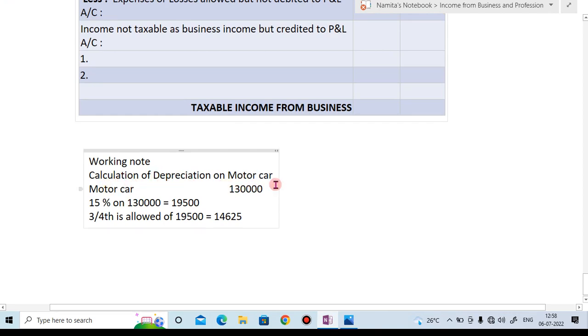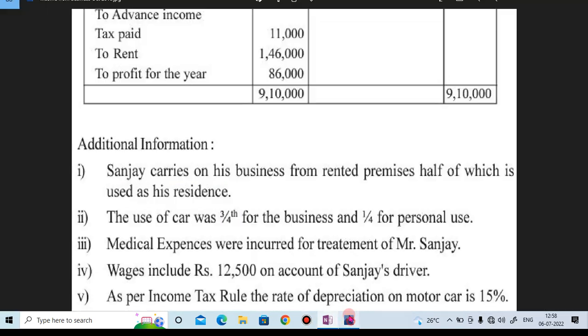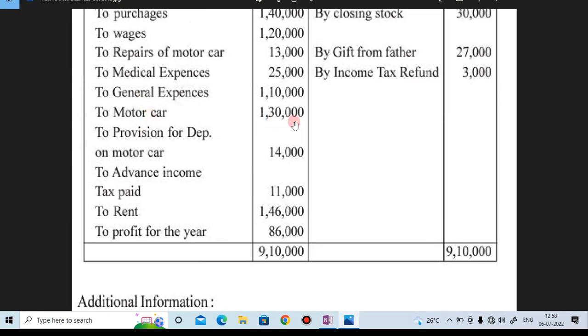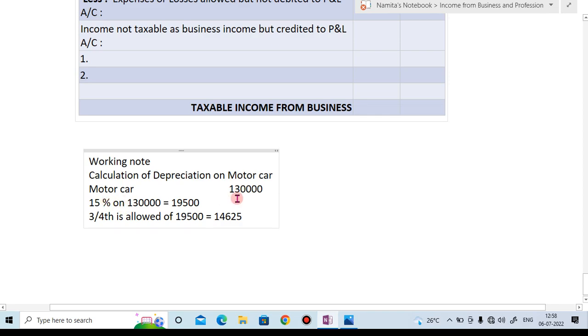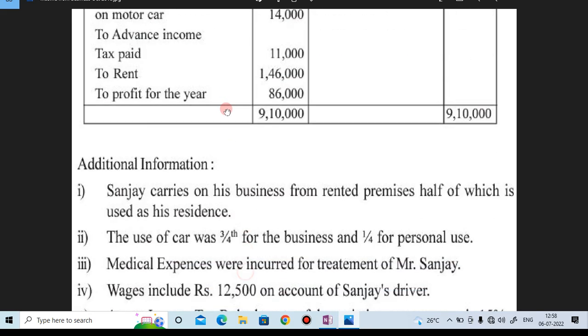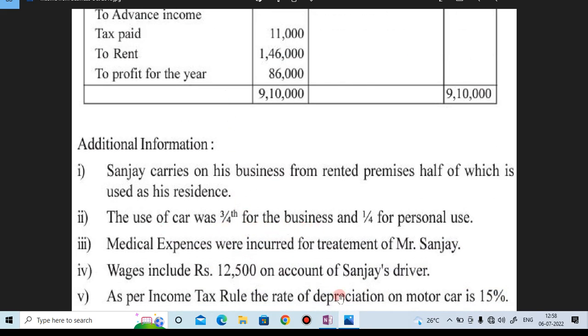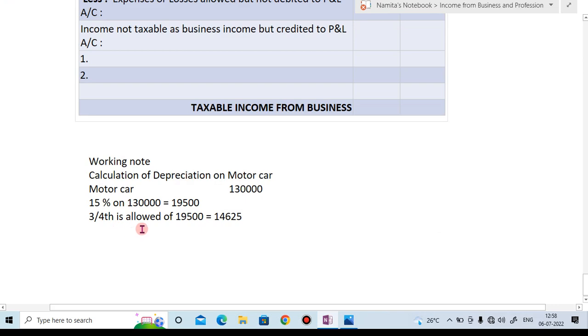Calculation of depreciation on motor car. The amount of motor car is 1,30,000. On this 1,30,000 we have to calculate 15% depreciation. So 15% on 1,30,000 we get 19,500. Now from this 19,500, the allowable expenses for the business is 3/4. 3/4 of motor car is used for the business.